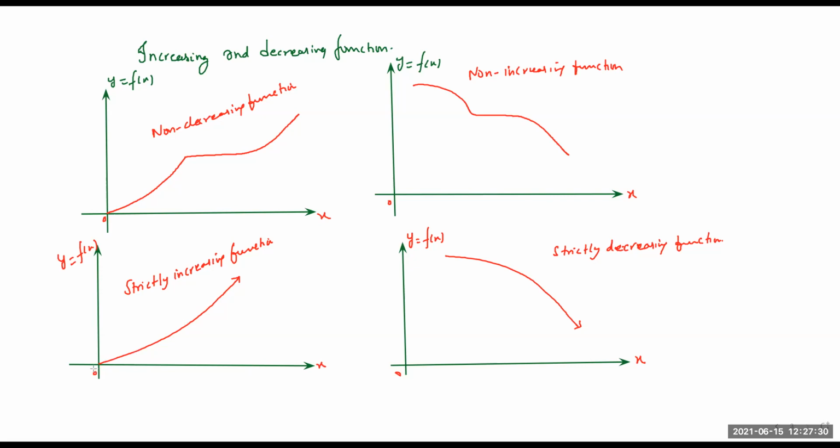If you draw a tangent here, and then draw a tangent later on, you can see for sure that the tangent is becoming steeper and steeper, right? Can you see that? And also, if you draw it for the strictly decreasing function, the slope is becoming steeper, steeper and steeper.